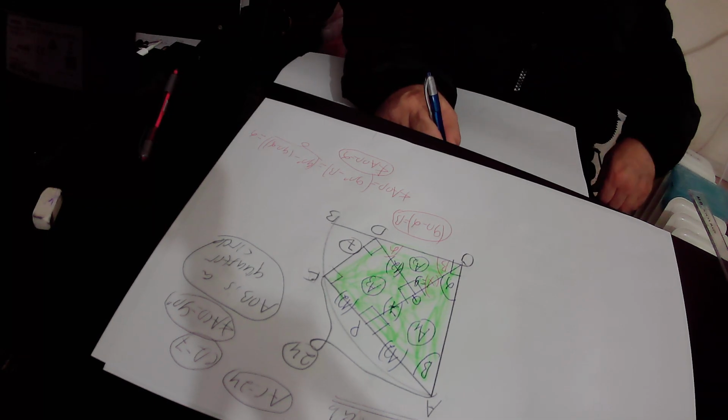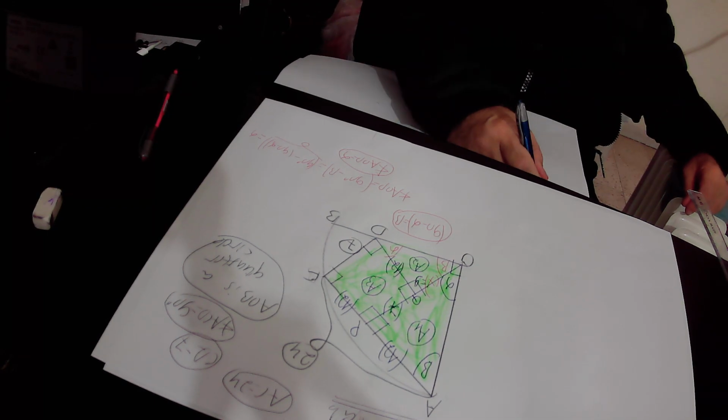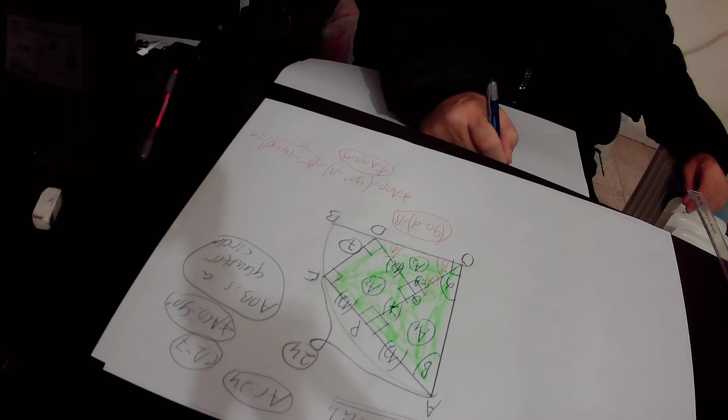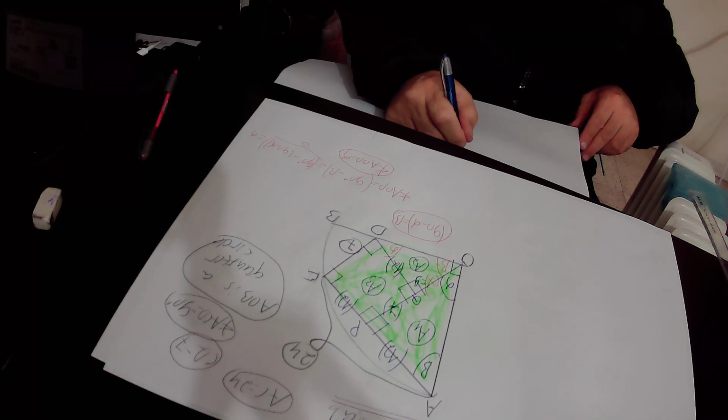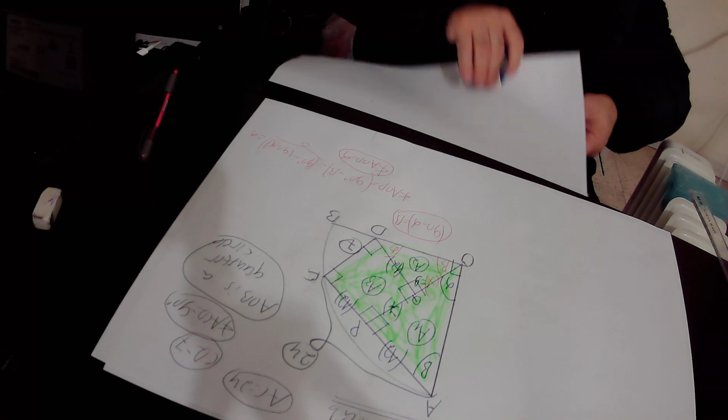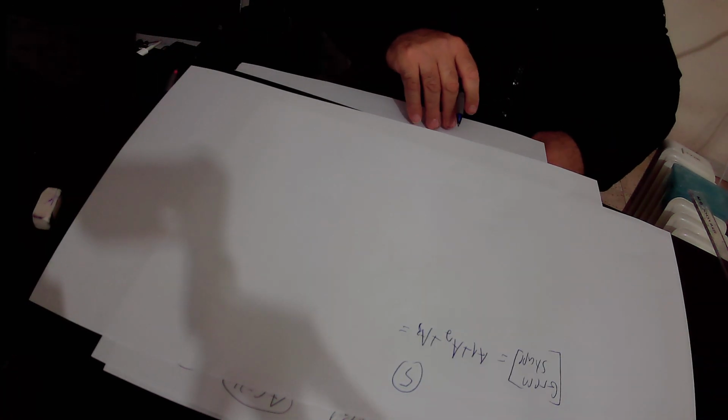Repeat again, the area of the green shape equals A1 plus A2 plus A3.